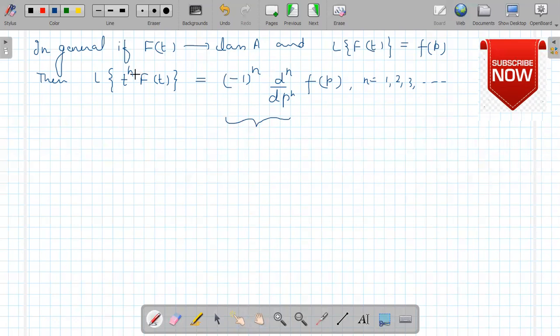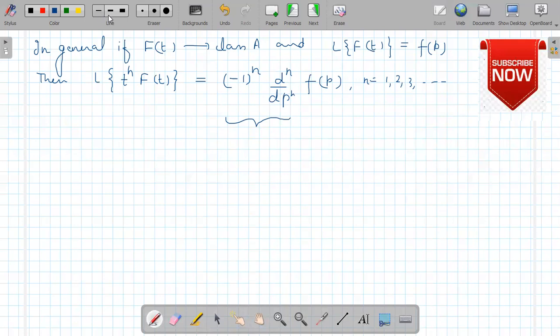So as the powers of t increase, this becomes quite complicated, because if F(p) is complicated, then to differentiate it again and again becomes very tedious work.